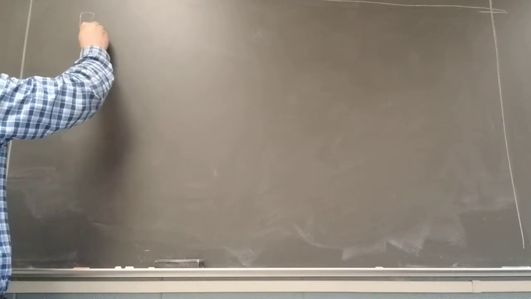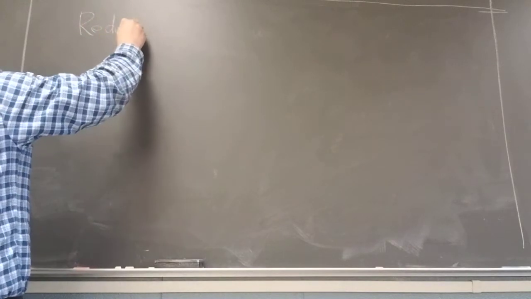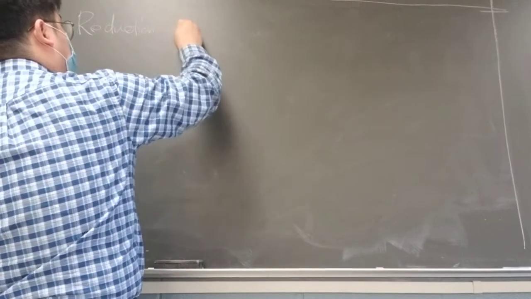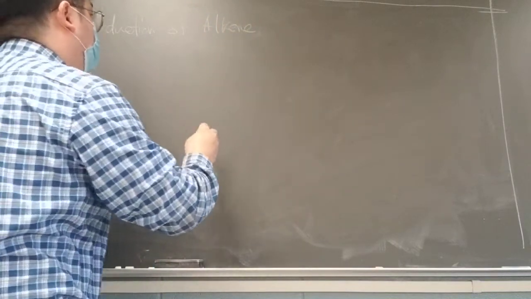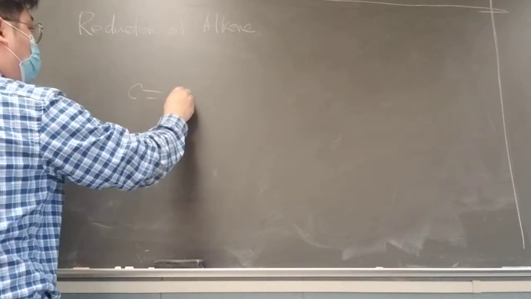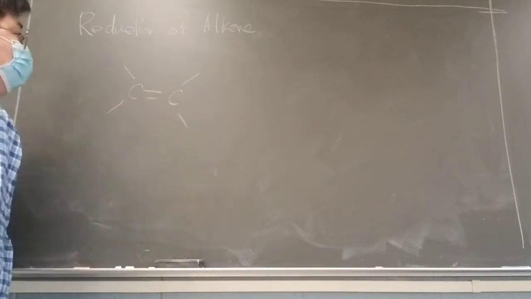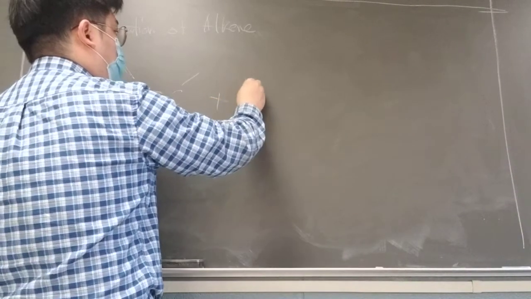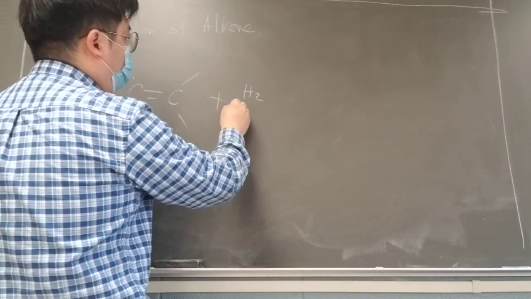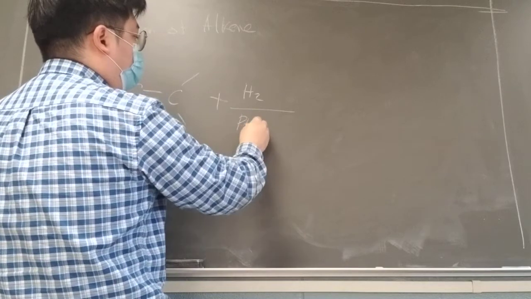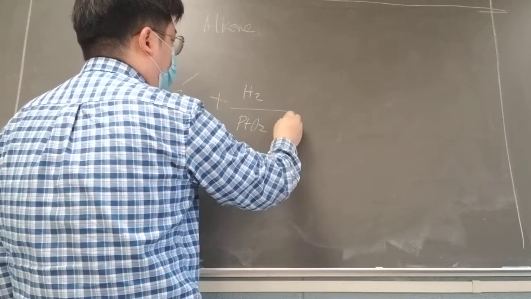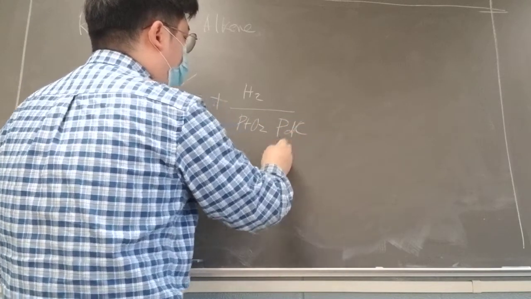All right, so the next one is what we call the reduction of alkene. This is a type of reaction with hydrogen, okay? And they always come with a catalyst. A better catalyst is platinum and or palladium on charcoal.